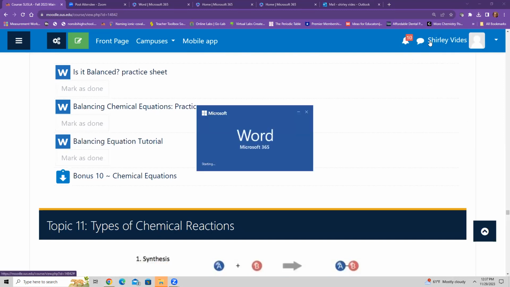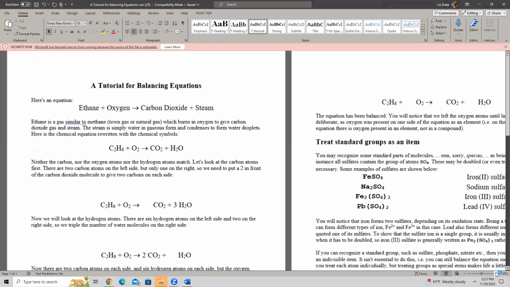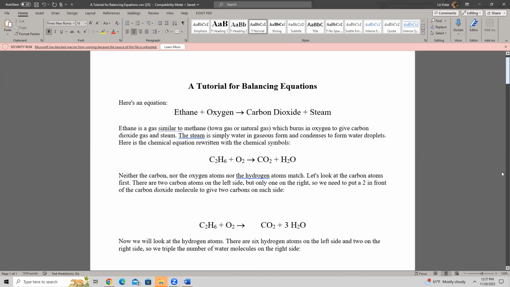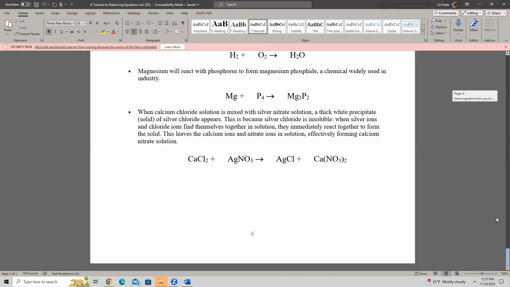Here we go. It's going slow. Can you see it okay? Good. I'll make it bigger so you can see it. All of these down here are the equations that we're going to worry about.